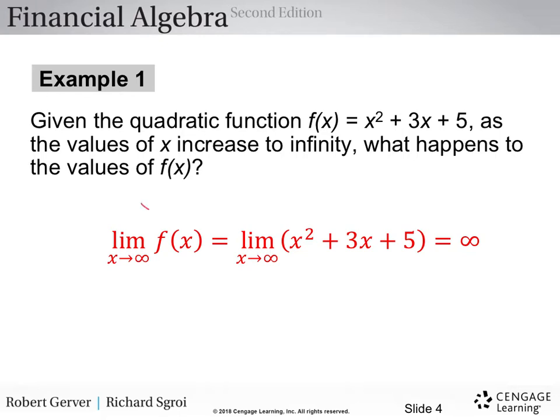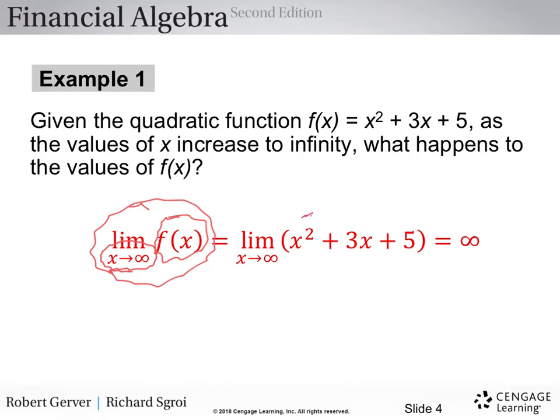You may or may not be familiar with it. So basically what we're saying is, what is the limit of this function, f of x, as x gets really big or x approaches infinity? So it's the limit of x squared plus 3x plus 5 as x gets really big.